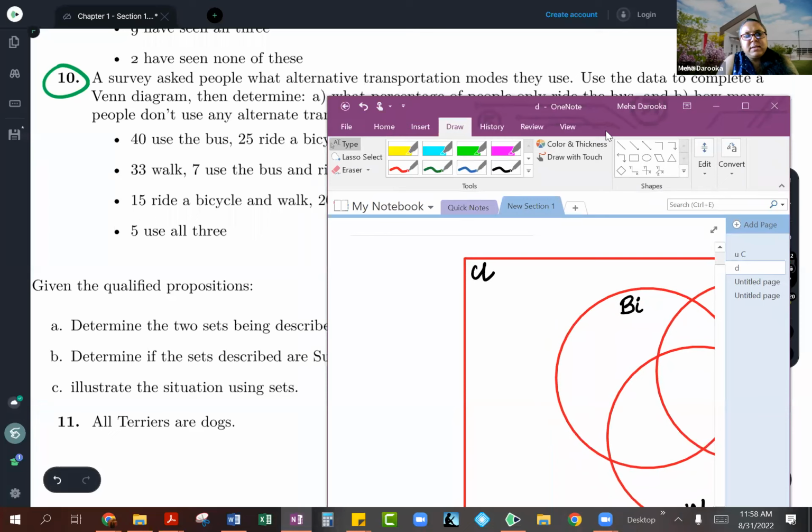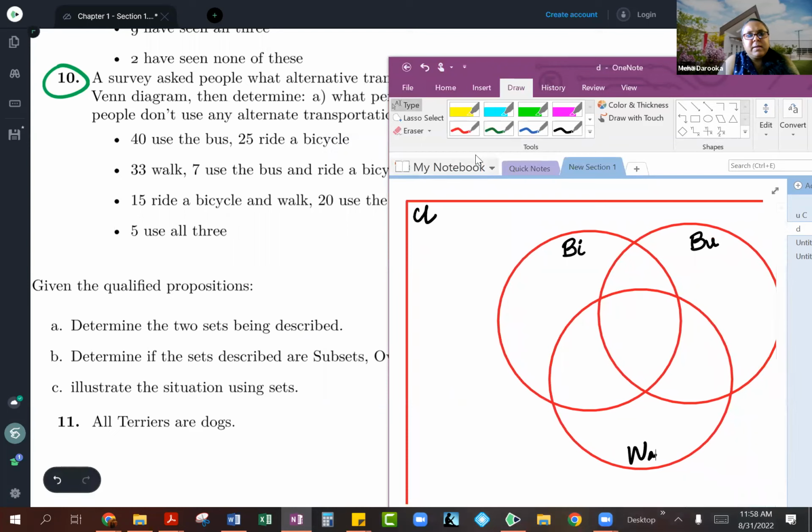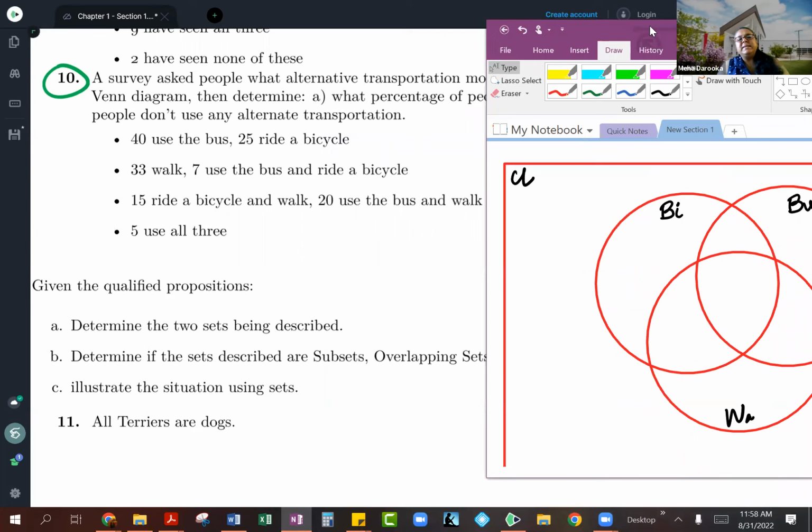Okay, so let's see. Okay, so they're telling us 40 use the bus, 25 ride a bicycle, 33 walk, 7 use the bus and ride a bicycle, 15 ride a bicycle and walk, 20 use the bus and walk, and 5 use all 3.